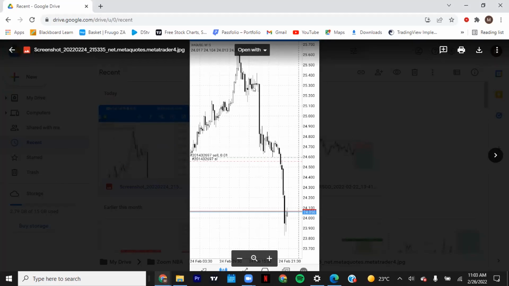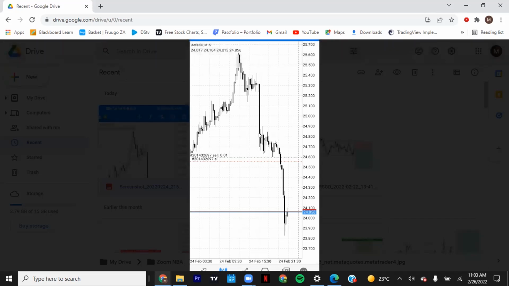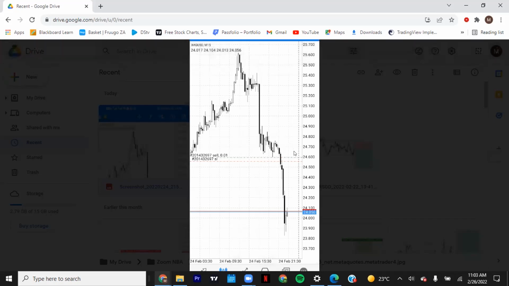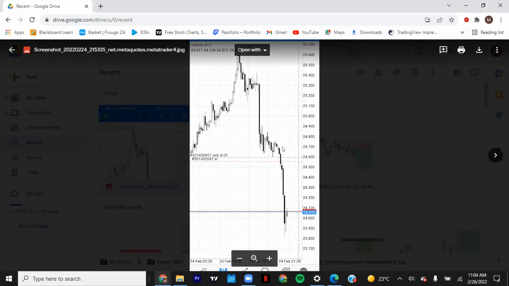So I missed this entry point, and it literally just went down again. The second entry point was a bit risky, so I didn't want to risk my account, and I just used the smallest lot size and tried to see what would happen right after. So this is the setup. Basically, we had a sell setup with silver.